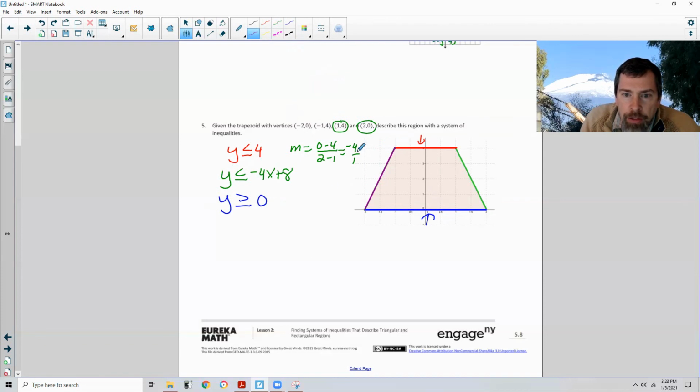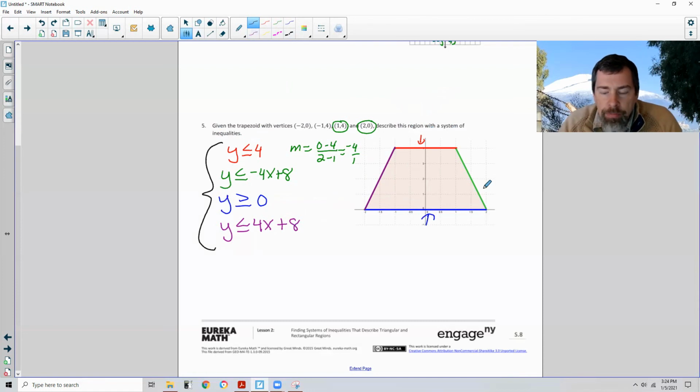So it's positive 4. I use the graph this time. The slope is 4, and we are below this time. So less than or equal to 4x. And again, we're going to meet up here at 8. If we go up 4 over 1 again, it would be 8. So those are the 4 systems. That's the system of inequalities that would shade in this region.